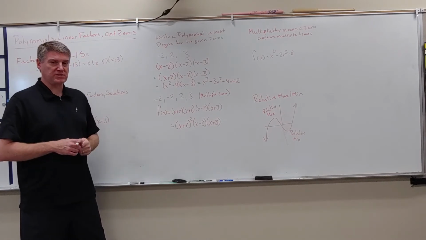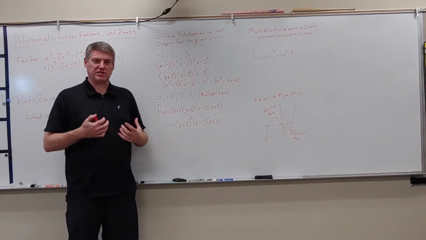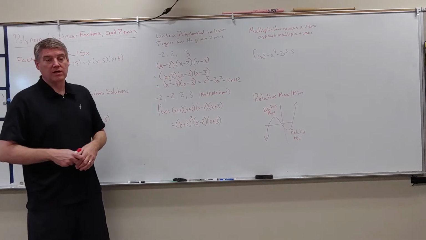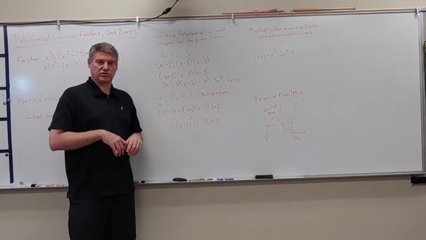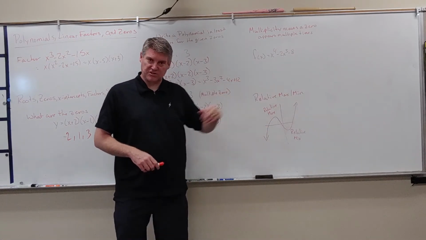Now that multiplicity does give us a little bit of knowledge about the graph. If it's an odd power, the graph is going to go through the x-axis. It's going to come up, intersect the x-axis, and continue through.